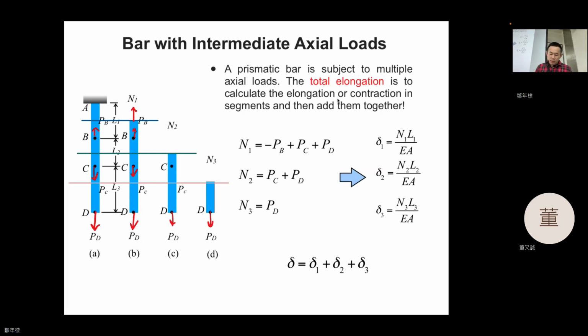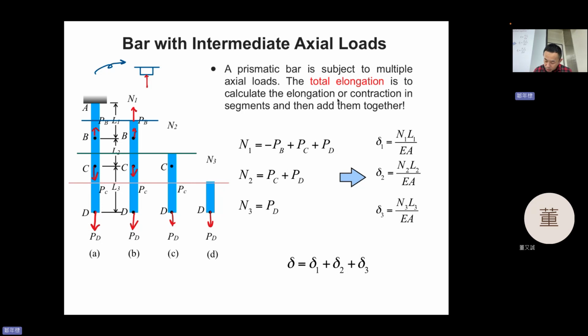How about if I do the upper part? What will it be? We believe we will have exactly the same result, but I will show you. Now the upper part will look like this. And what is N1?